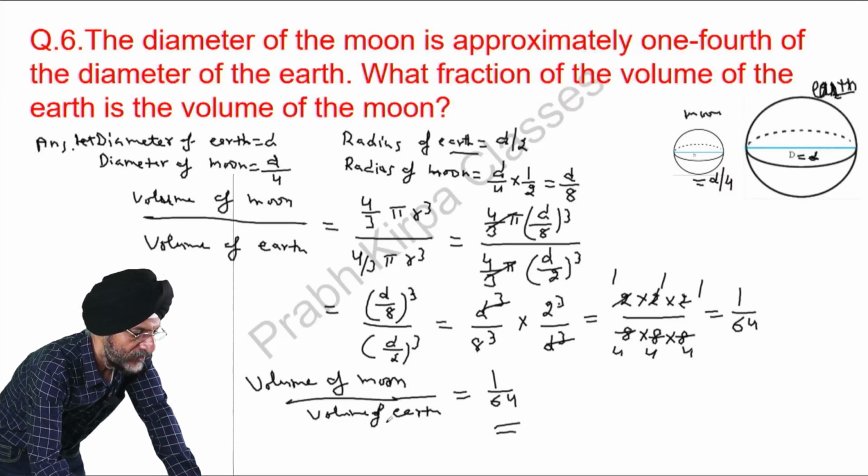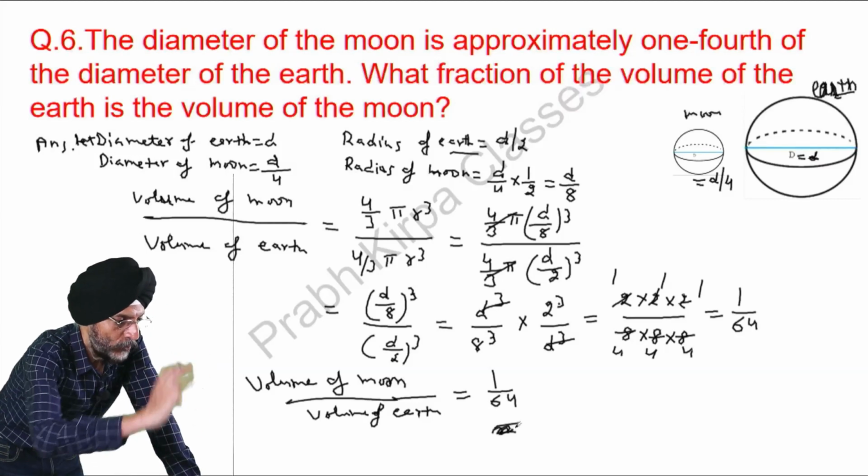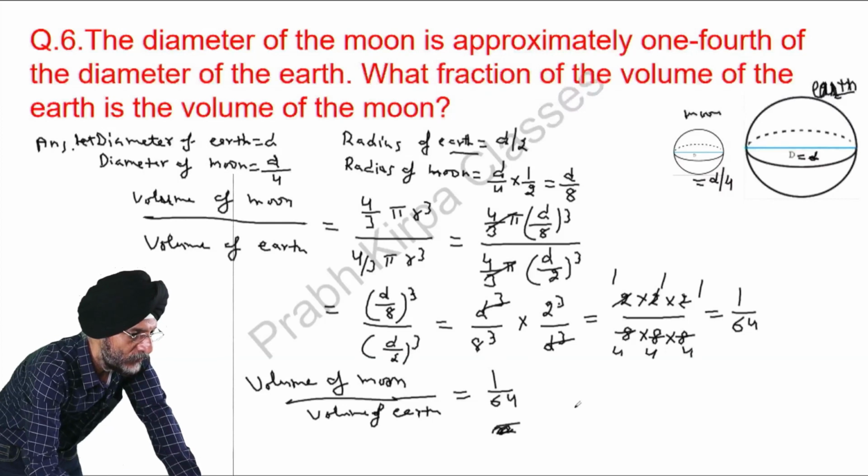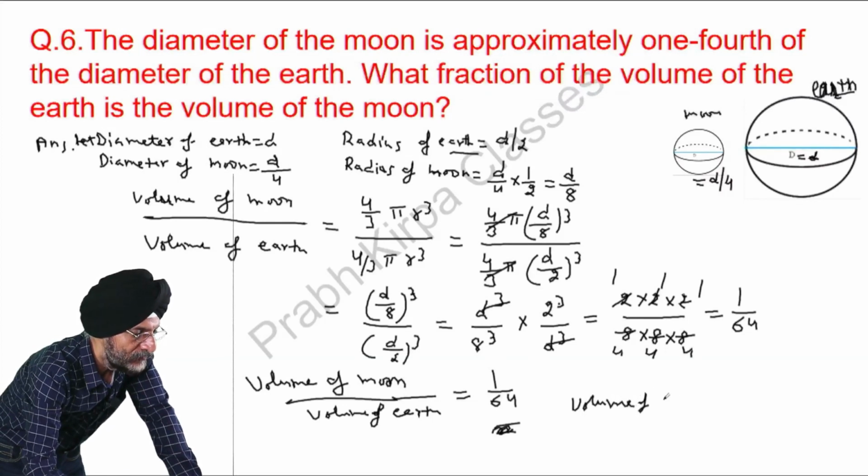This is not the volume of moon, this is the proportionate figure. Now we have to calculate the volume of moon. Volume of moon is 1 over 64 volume of earth.